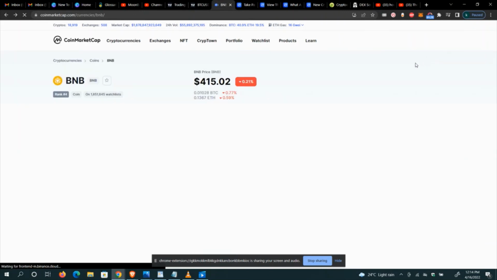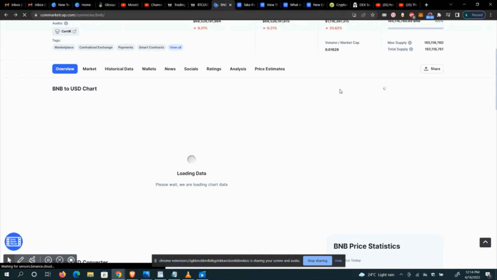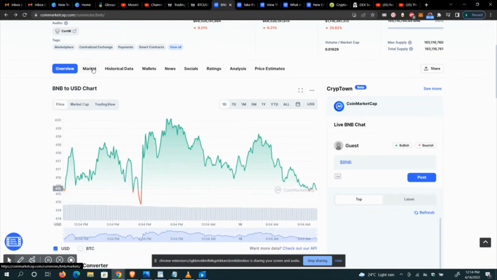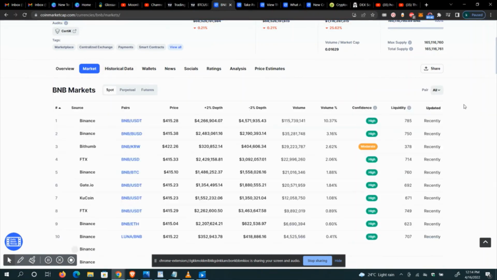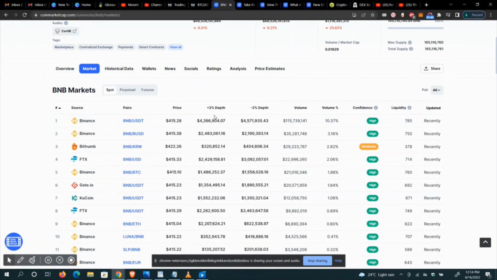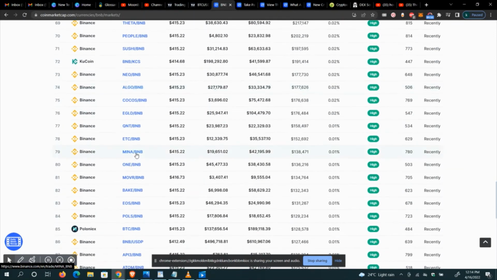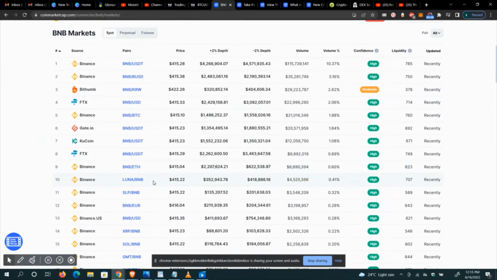So before I round up, another thing I failed to talk about: if you want to know the market where to buy a certain crypto coin, you just come down and click on the market. On any coin you go to on CoinMarketCap, if you want to look for where you can get it, you just click on the market sign, and it will list out all the markets where you can buy the BNB coin and their currency pairs. That is how it works.